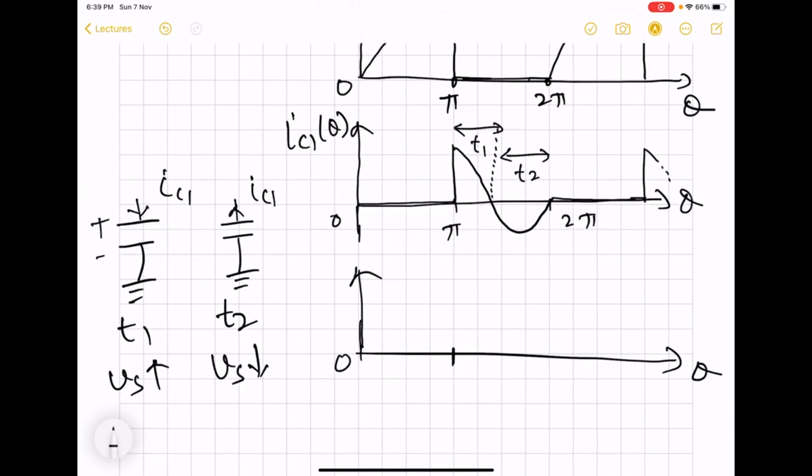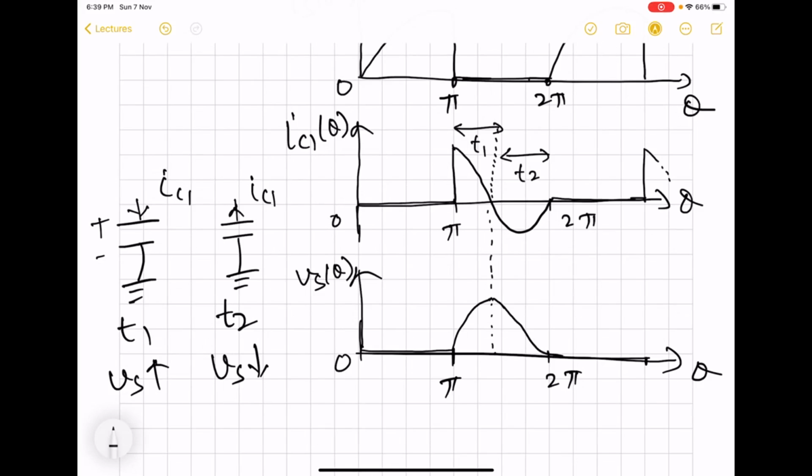There is no current through the capacitor over the first half, so voltage is going to be 0, and then the voltage will start increasing starting from 0 like this up to this moment, and then it will decrease. So this is going to be the voltage waveform.